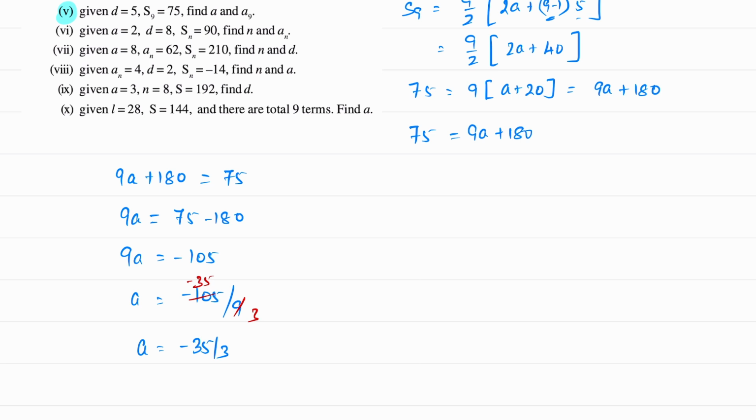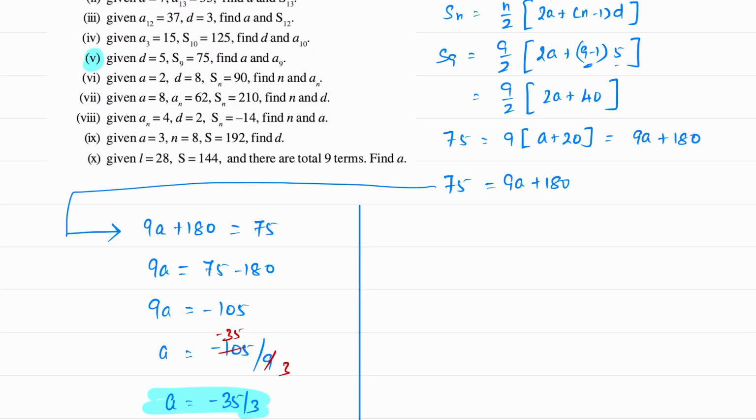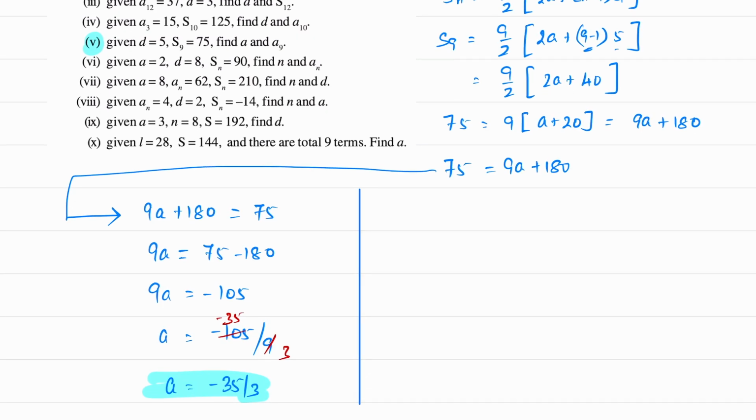Now we got the value of a. Now we have to find a9. So an equals a plus n minus 1 times d, or a9 equals a is negative 35 over 3 plus 9 minus 1 times d is 5. So this is negative 35 over 3 plus 8 times 5.